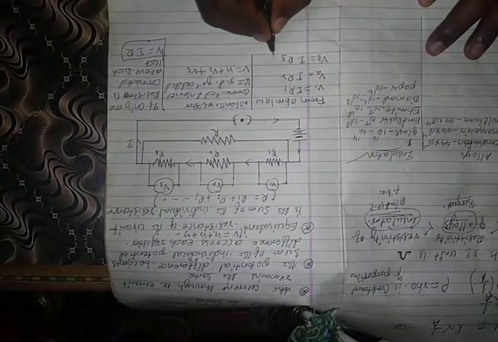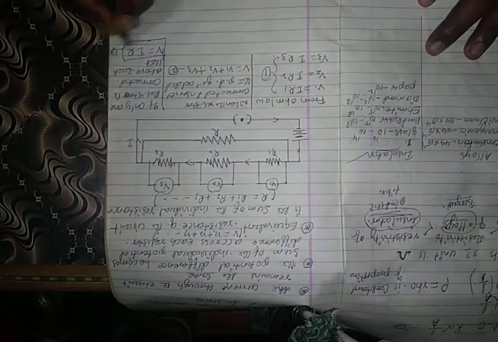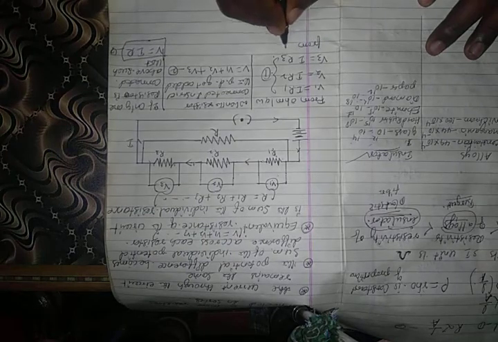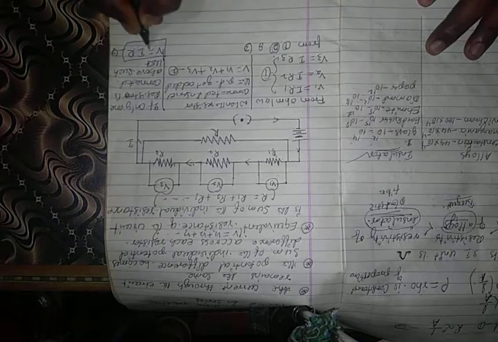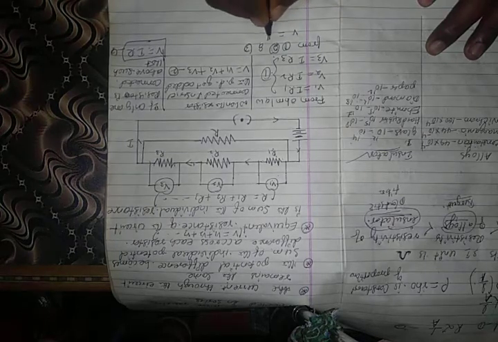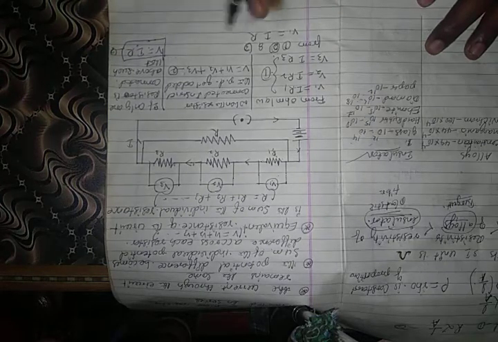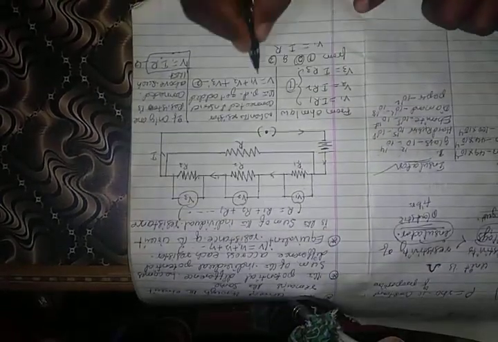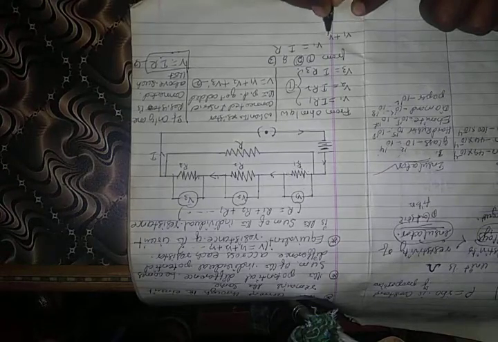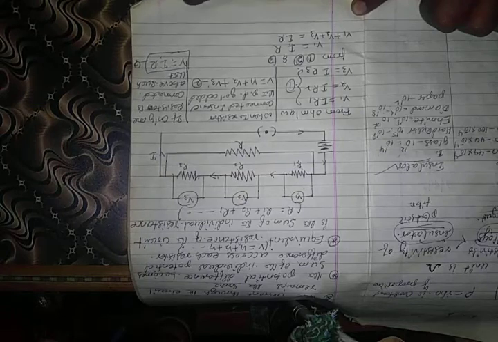Let us take this as equation number 1, this one as 2, and this as 3. From 1, 2 and 3, equation 3 is V is equal to IR. Here V is V1 plus V2 plus V3, and the right side IR remains the same.